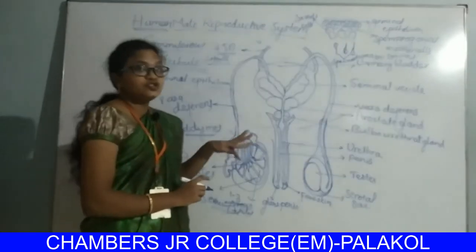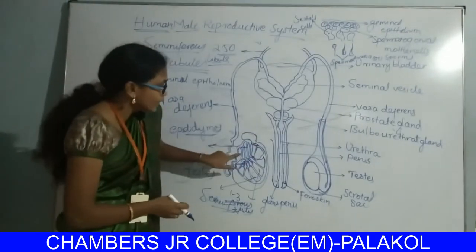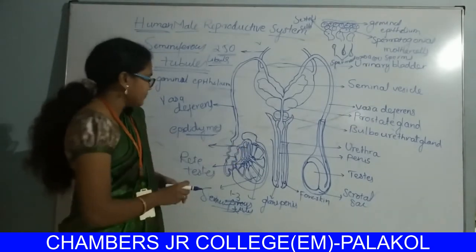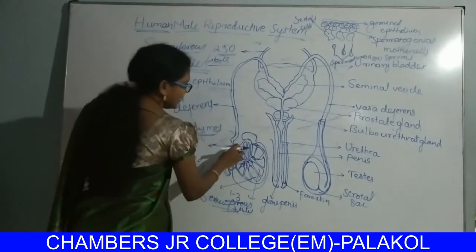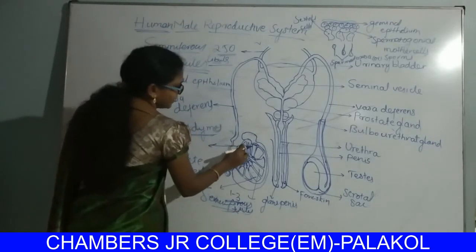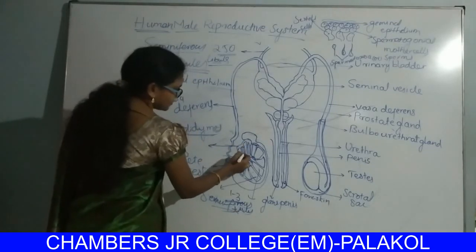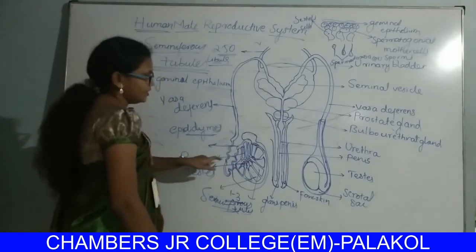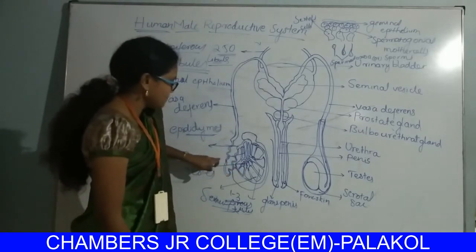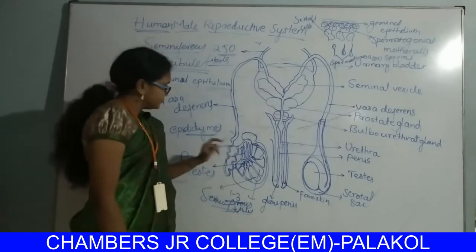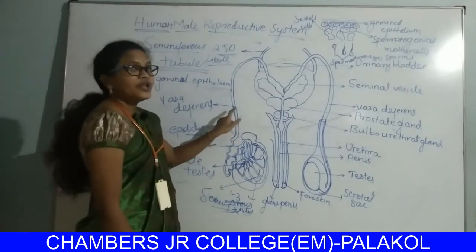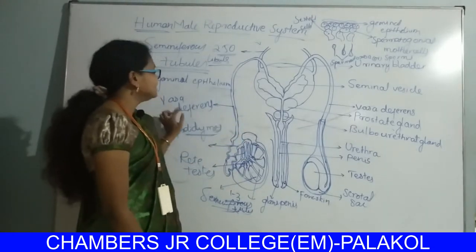Each seminiferous tubule opens into the epididymis. This is the epididymis. The epididymis leads into a long, narrow tube called the vasa deferens.